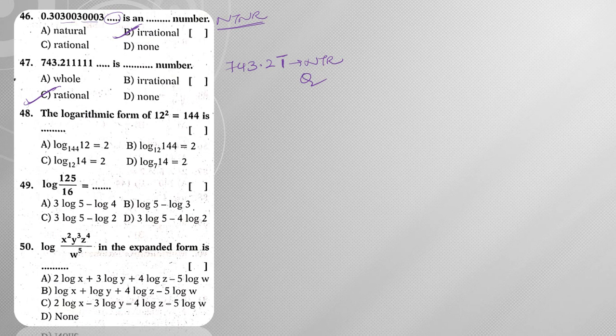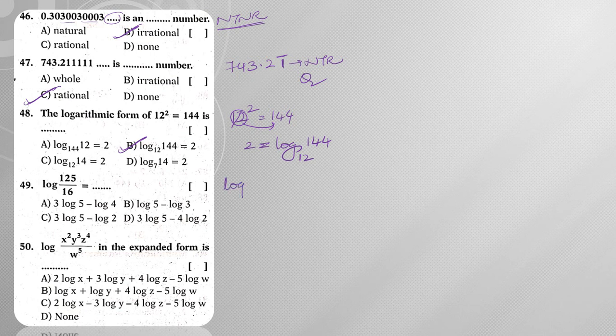Next, the logarithmic form of 12 square is equal to 144. Already we have discussed this: 12 will become the base of the logarithm, so log base 12 of 144. So log 144 to the base 12 is equal to 2. So option B will be my answer. Next, log 125 by 16.